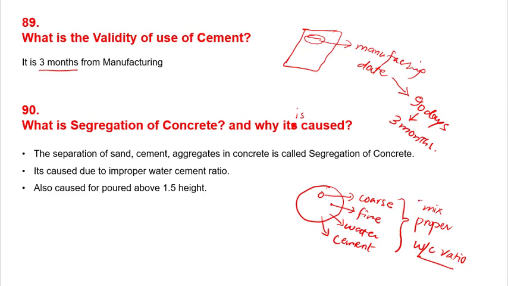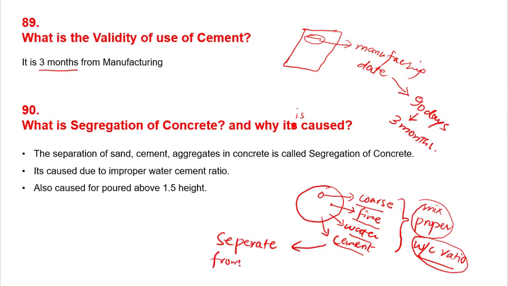But if we don't mix it properly and don't follow the proper water cement ratio, these ingredients will start to separate from each other. This separation process is known as segregation. This separation of sand, cement, and aggregate in concrete is called segregation of concrete.